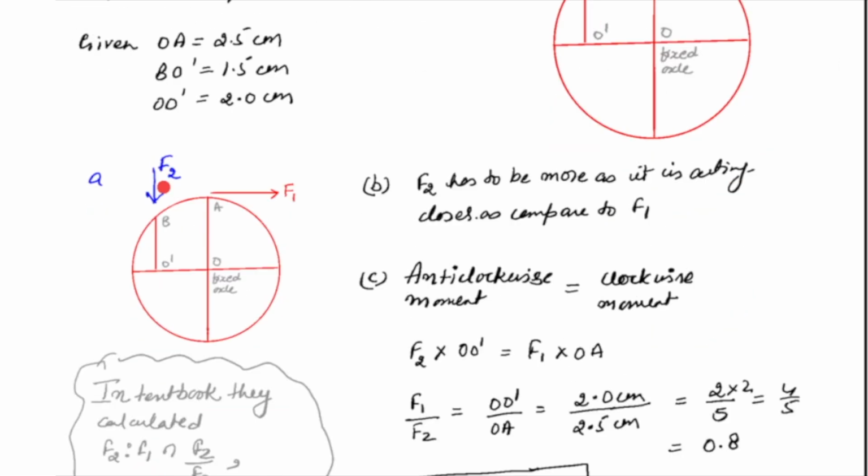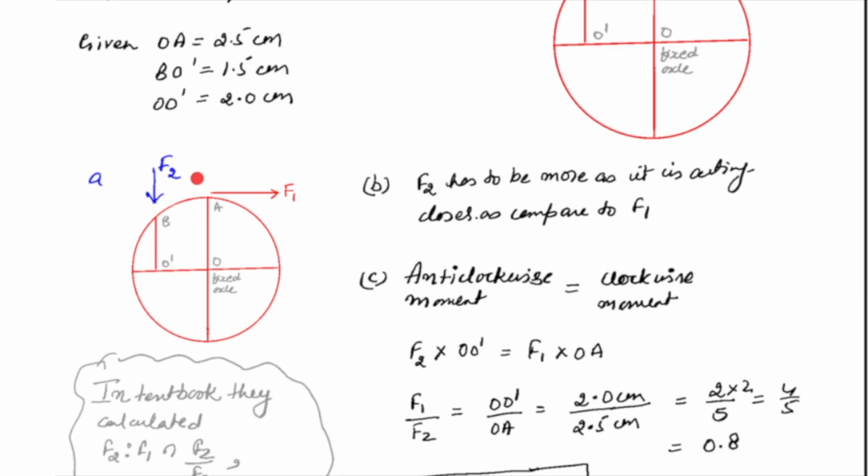So the direction of F2 will be downwards. For option B, F2 has to be more as it is acting closer as compared to F1. This force was acting on this end. Note down, to calculate its moment, we have to multiply by this much distance, OA. Now think about it. If we are applying F2 vertically like this on this line, the distance will be less, right?